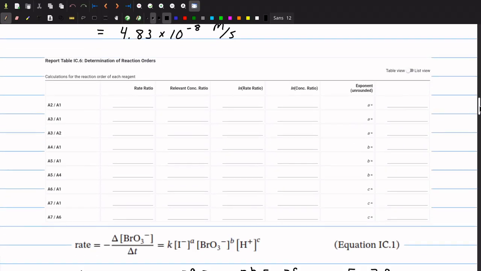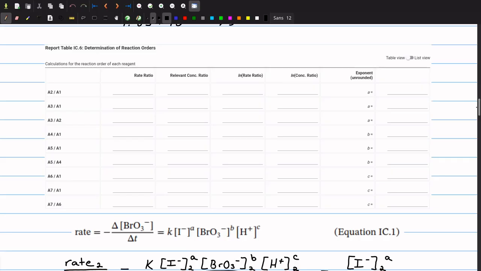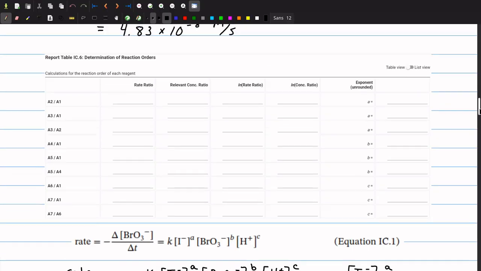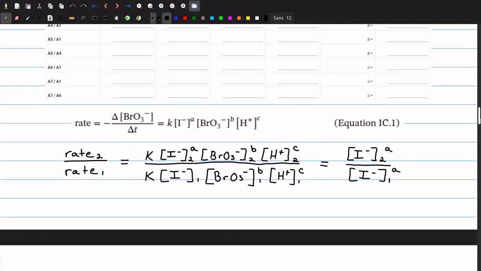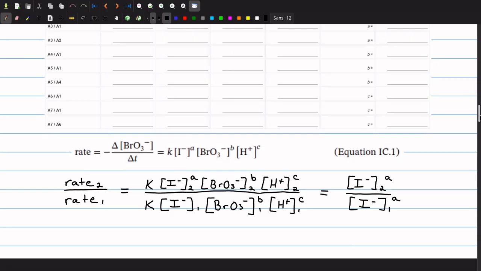The next bit that we're going to be faced with is to basically use our method of initial rates to calculate the rate orders. The data was set up in such a way that if we look at these ratios here, we can see that, oh, first I wanted to point out that this is how we're defining the rate law.